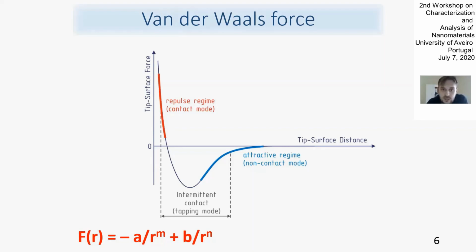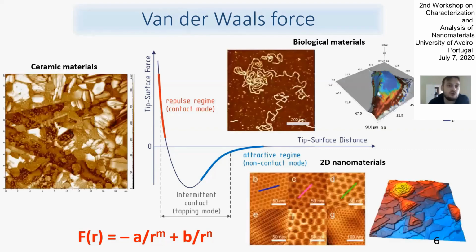Actually, operating at specific forces and tip-surface distances allows us to study absolutely different objects. If you work with more or less normal objects like classical ceramic materials, or some films or single crystals which are really stable, we can use the normal contact mode, and this gives us pretty high resolution.